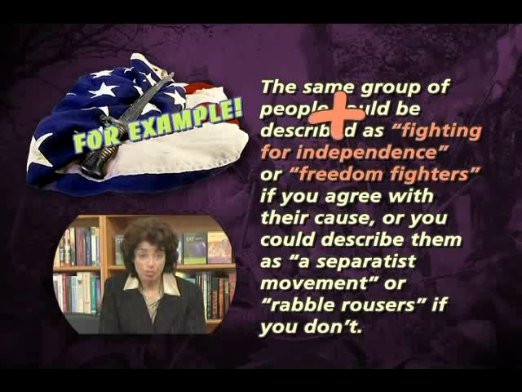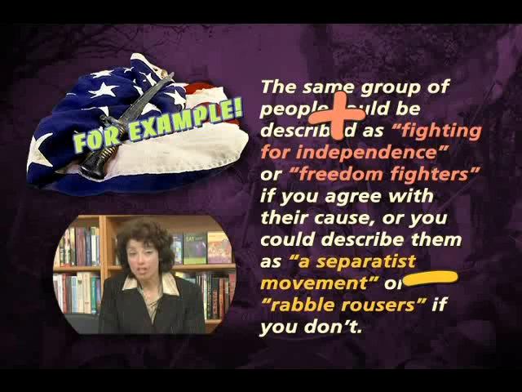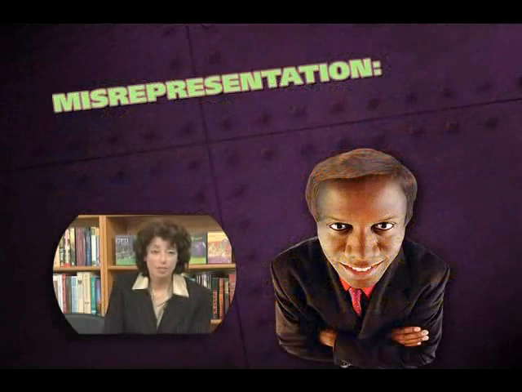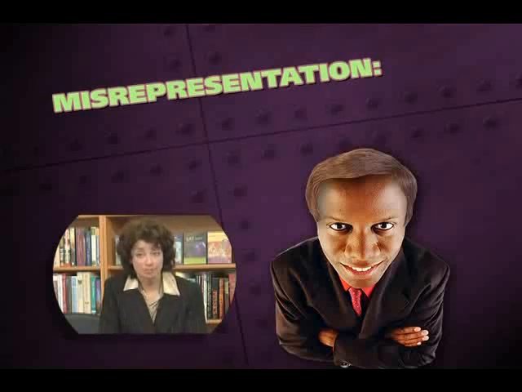The first two descriptions are positive because you agree. The second two descriptions are negative because you don't. Pay very close attention to the words that you choose, that they don't carry connotations, emotional overtones, that will unfairly influence your readers.